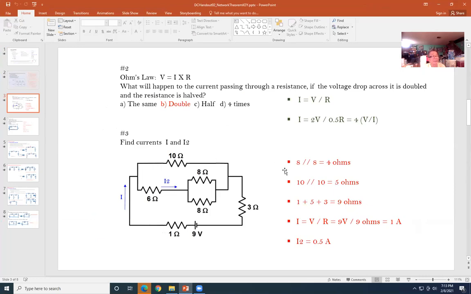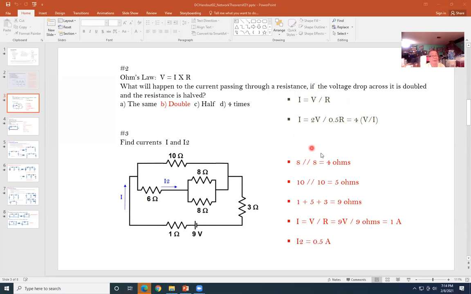This is the answer here. Okay, what will happen to the current passing through a resistor if the voltage drop across it is doubled and the resistance is halved? The answer will be double. Okay, and that one they just gave to you.